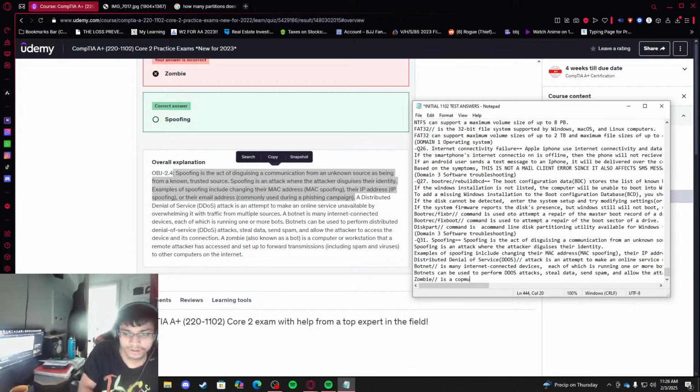The computer or workstation. So basically, a botnet is multiple zombies. Zombie is just one workstation or computer that a remote attacker has accessed.